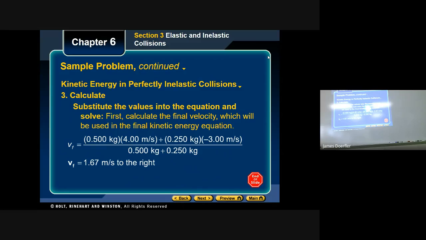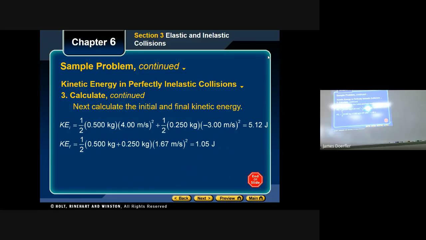So after we've calculated that, now we get to put that information in, and all the information required to solve for the initial kinetic energies and the final kinetic energies. Again, our first clay ball had a mass of 0.5 kilograms and a velocity of 4 meters per second to the right.